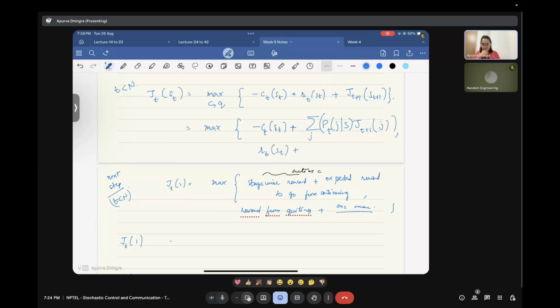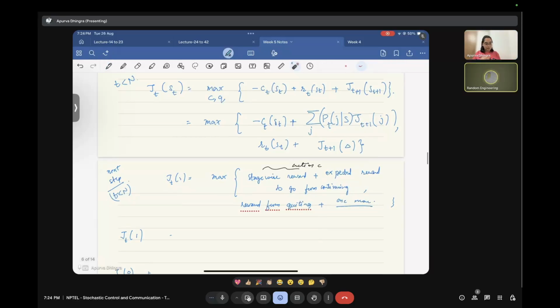The next state is just Jt plus 1, and from this whole s equal to 0 or 1 you go to the delta. That's all that is there. So this is how it will be written. Making sense? Now st could be 0 or 1. The j could be 0 or 1, s could be 0 or 1.